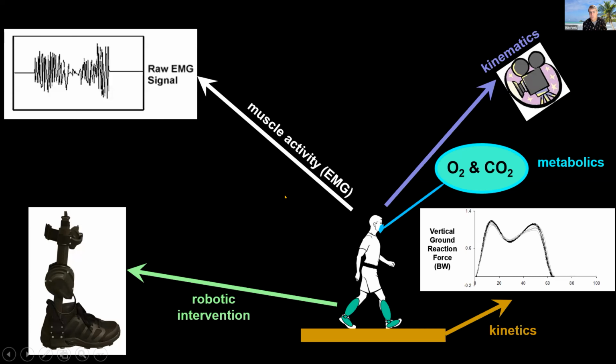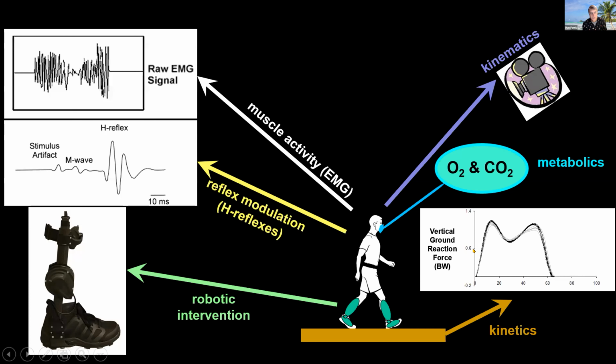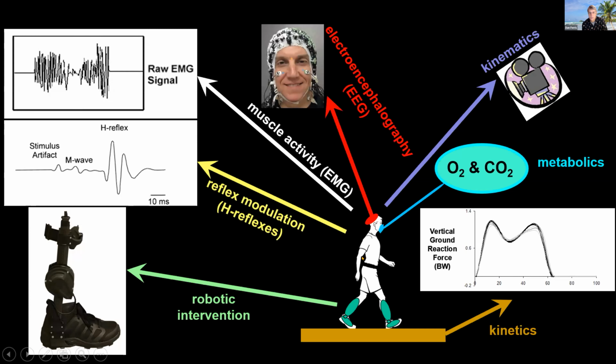You can put electromyography, EMG sensors on to figure out muscle activity. You can stimulate reflexes and measure reflex modulation to see how they're adapting. And you can put electrodes on their head while they're walking around and using the devices and actually measure brain dynamics.